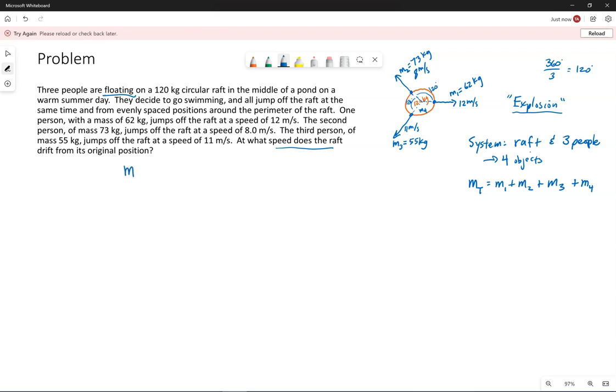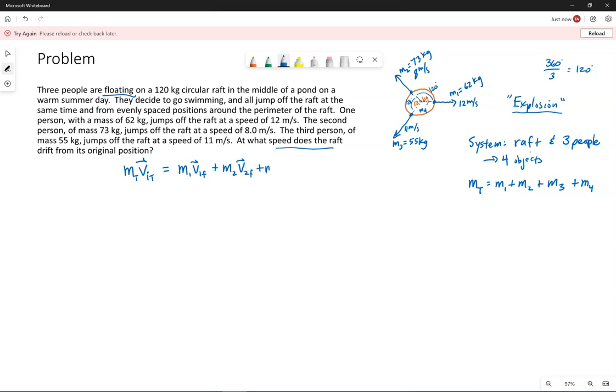So the momentum is mass times velocity. I'm calling it mass total because initially everyone, the mass and the raft, everything was together. And then finally, I have to break this into all 4 objects.